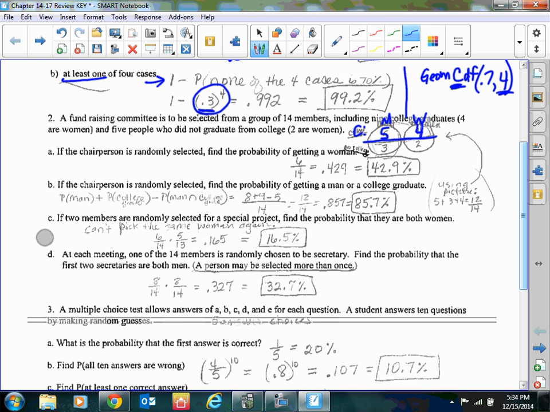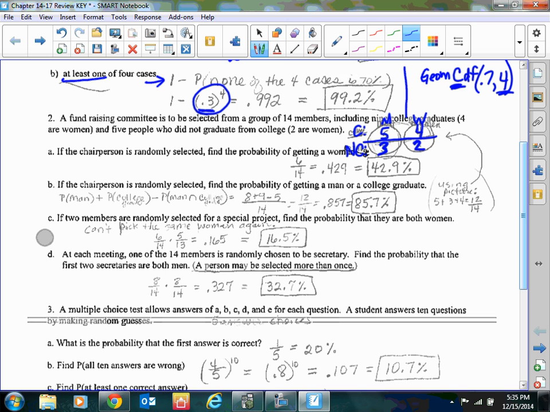And then not college graduates, 3 are males, because I know that 2 of the women did not graduate from college. That makes the other 3 that did not graduate from college men. So that's kind of the way that I organize this.